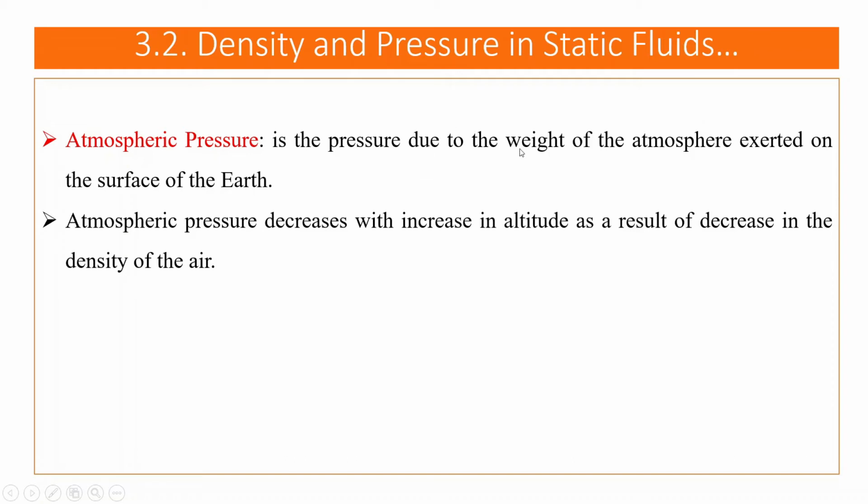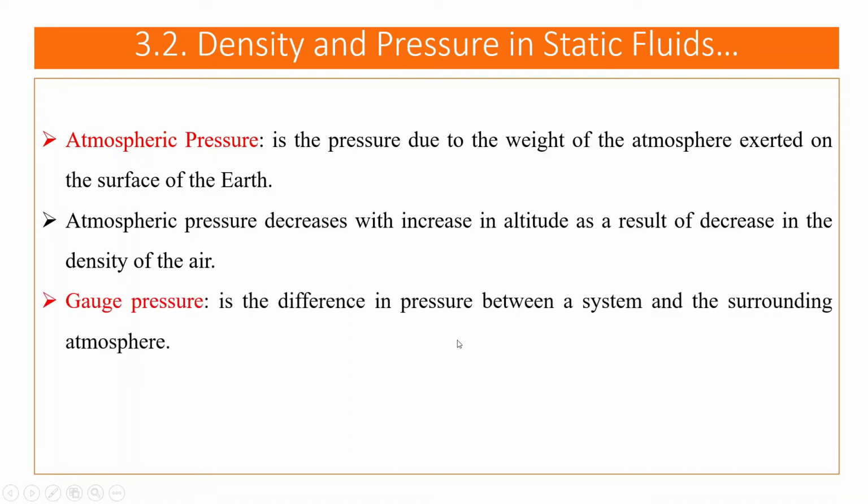So this has its own influence on the surface of the earth, and the influence of these molecules is represented by the atmospheric pressure. The atmospheric pressure decreases when we increase altitude. When you go upward, the atmospheric pressure will decrease, but when you go down near to the surface of the earth, the atmospheric pressure will increase.